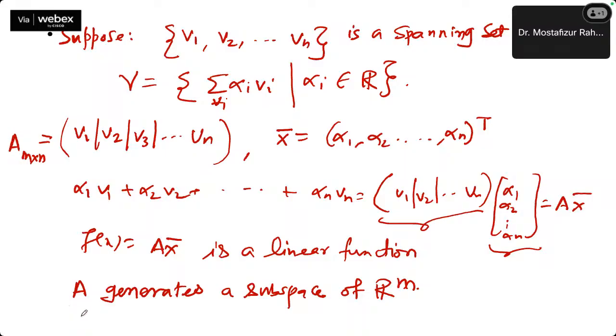Similarly, if we have A transpose, A transpose can generate a subspace of Rn. So how is it generating this? Does this mean the space is n minus 1 dimension? Not necessarily.